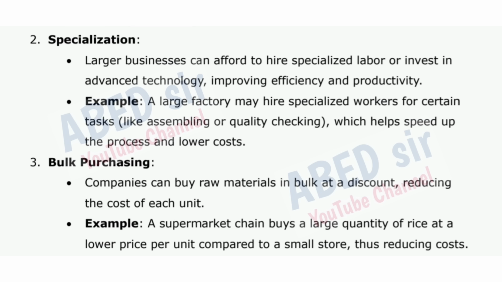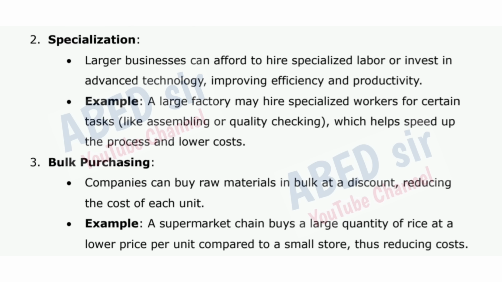Specialization. Larger businesses can afford to hire specialized labor or invest in advanced technology, improving efficiency and productivity. Example, a large factory may hire specialized workers for certain tasks, like assembling or quality checking, which helps speed up the process and lower costs.